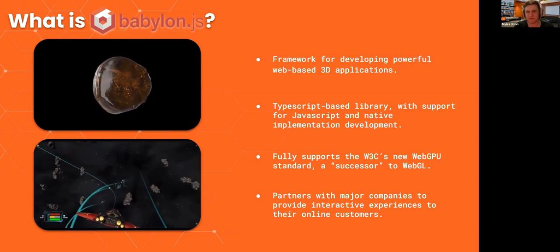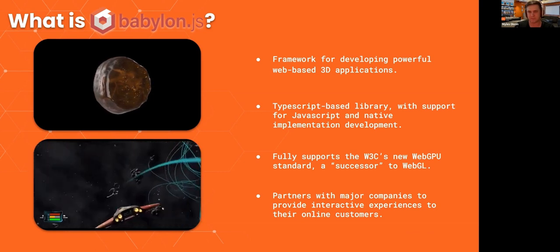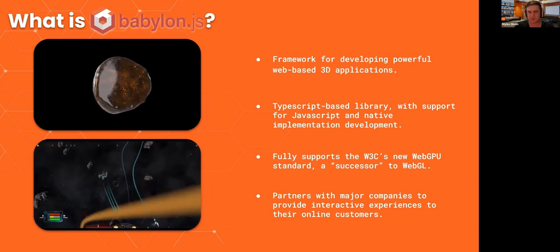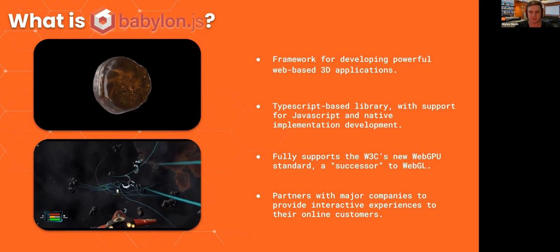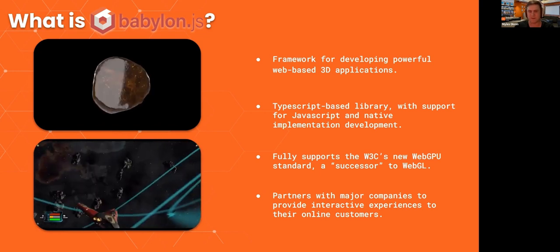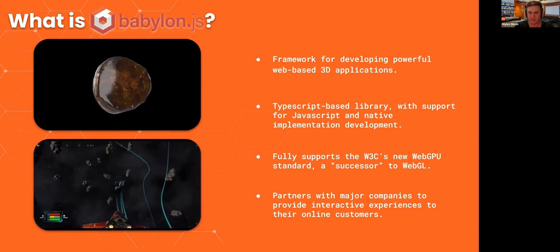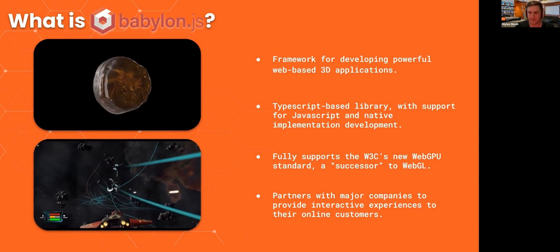Essentially, rather than being a wrapper around an API, WebGPU is a direct way for the browser to communicate with a graphical processing unit in a computer, and affords Babylon additional functionality and features that the OpenGL and WebGL standards couldn't quite provide.